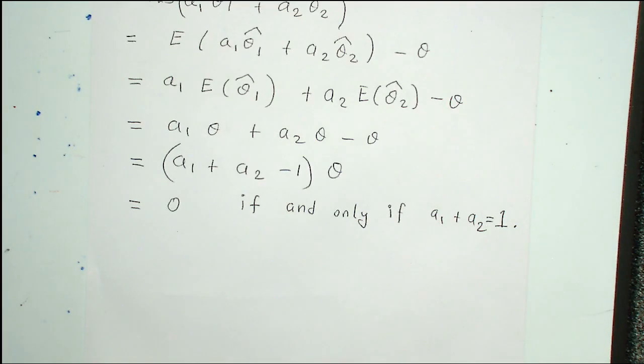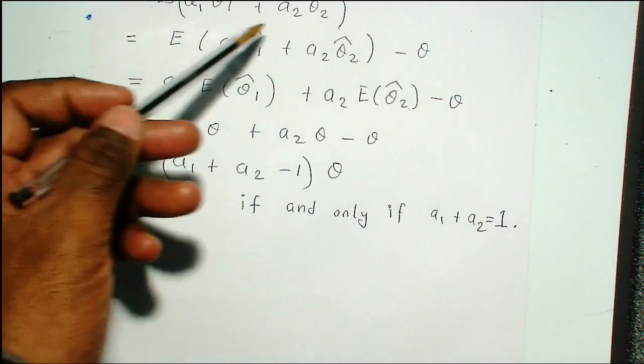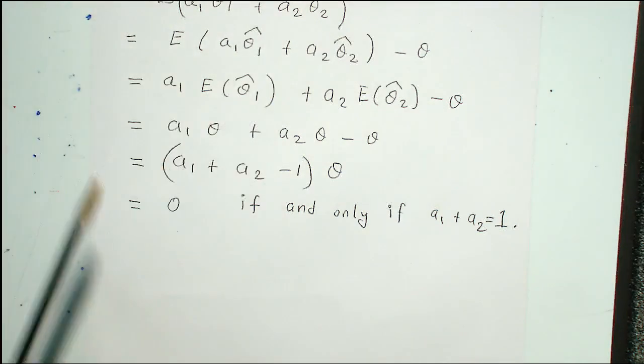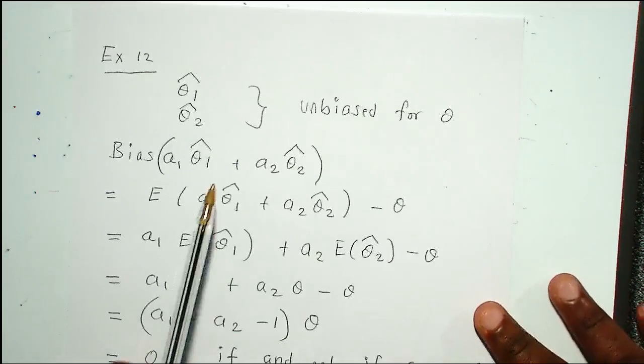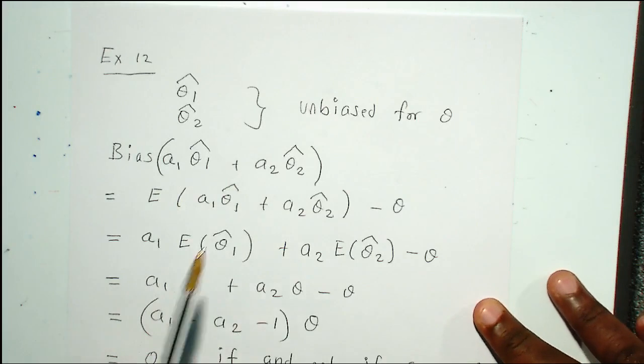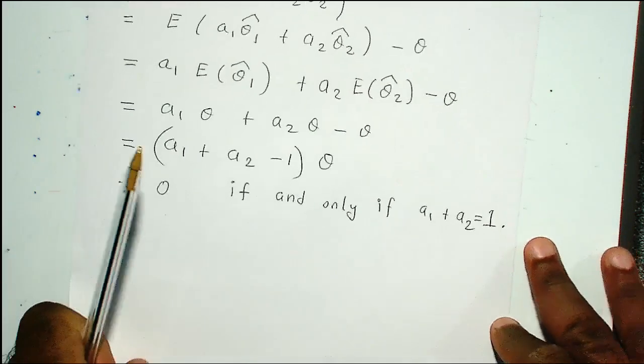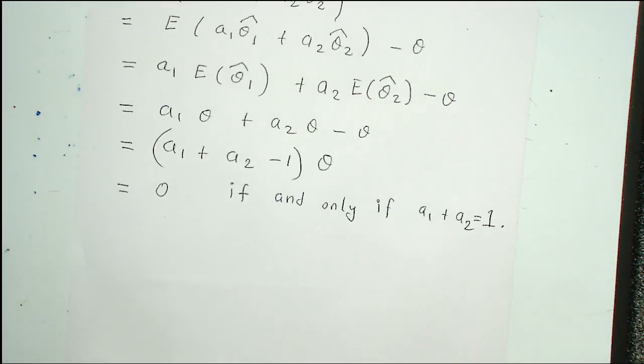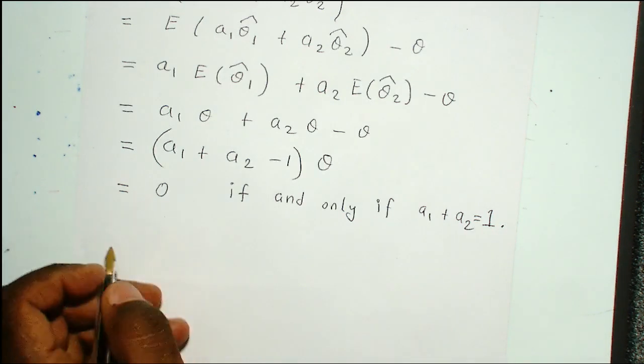All right, so what we have shown so far is that the linear combination, that is this one here, right? Can you see it now? The linear combination, this estimator, is an unbiased estimator for theta if and only if A1 plus A2 is equal to 1. All right? So let me write this down.